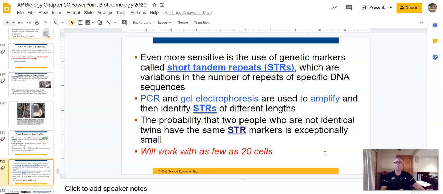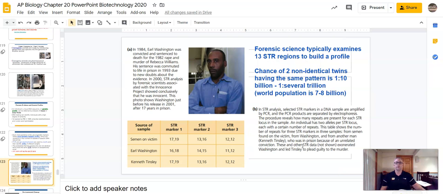So basically, all of us have a very unique set of repeating patterns of a code within our genome, and the idea is that we can take as little as 20 cells and we can amplify that sample very significantly using PCR. So that's going to give you lots of copies, and then they can run those samples on a gel electrophoresis.